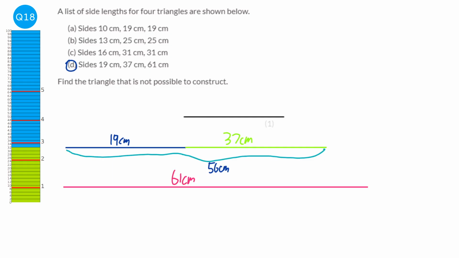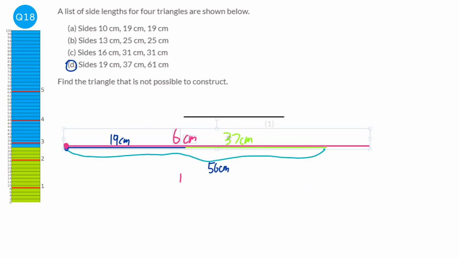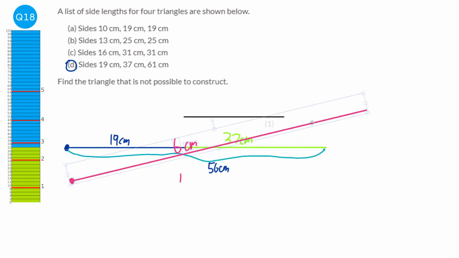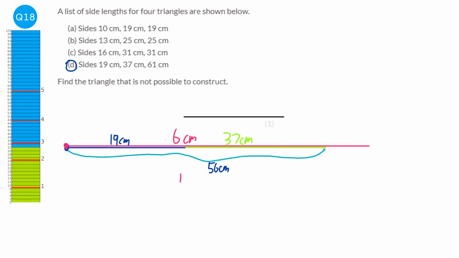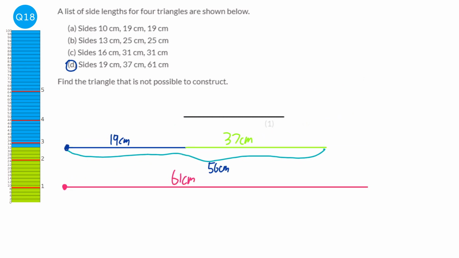So the side here could combine with this side. So we could move this whole stick here onto this side here, but we can't actually make a triangle with it because the two lengths that we've got won't ever reach the end bit here. They just won't ever reach that bit to be able to create the triangle. And I'm just going to put that back. So our answer is option D.